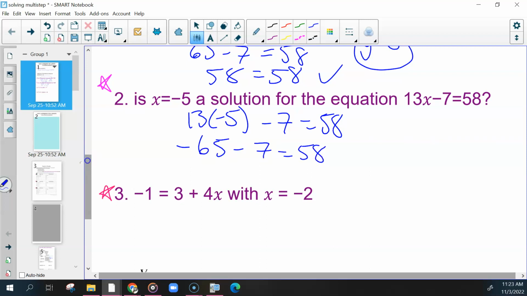And if I subtract negative 65 and 7, we get what? Negative 72. And do those two equal each other? No. Negative 72 and 58 do not equal. So this cannot be a solution.